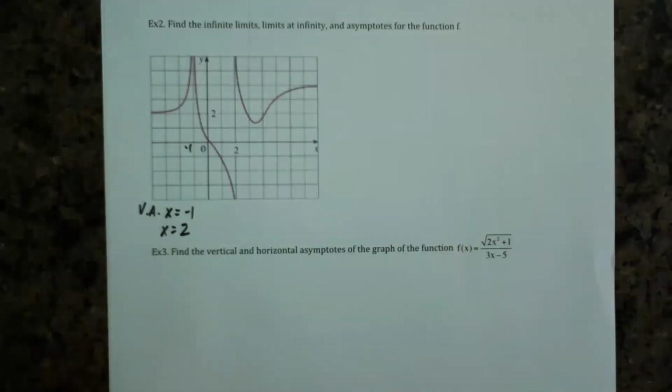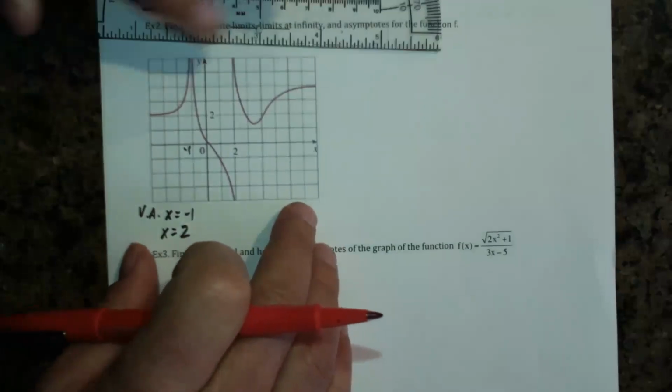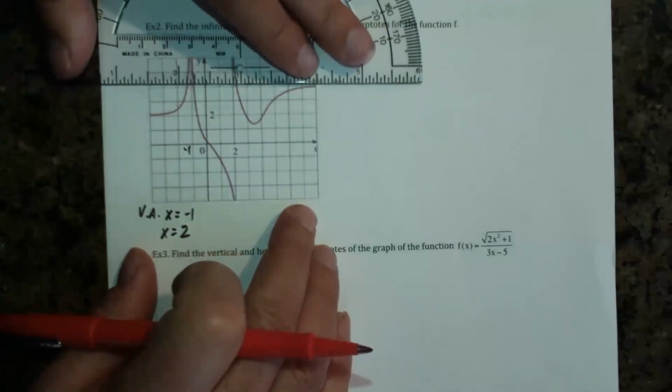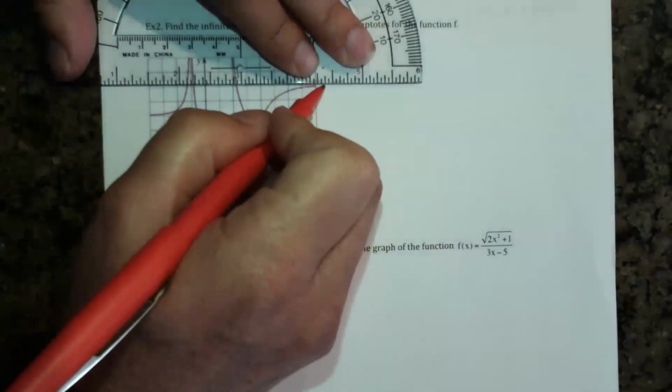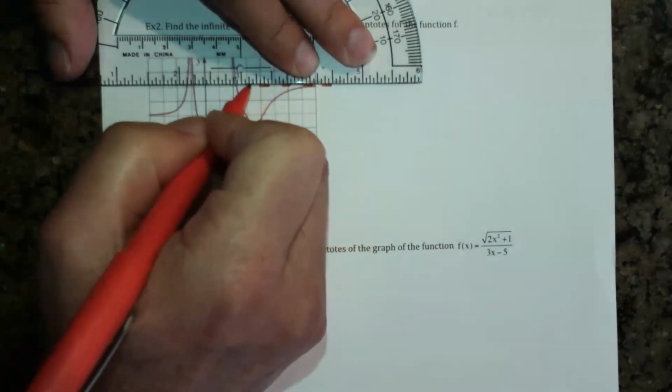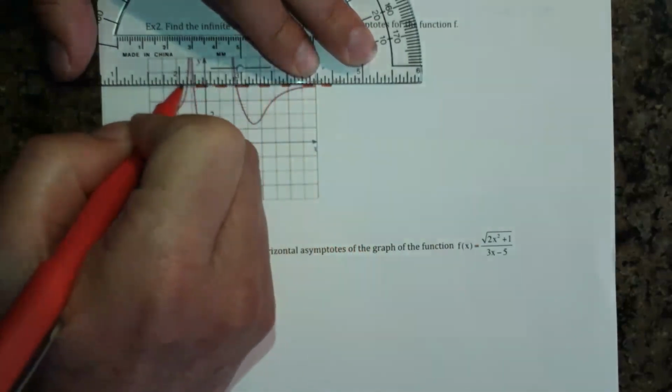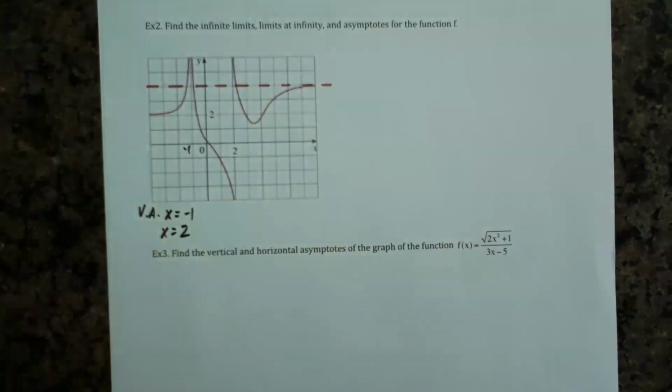Let's talk about horizontal asymptotes now. And I want to draw in the horizontal asymptote as we go off to positive infinity. So we have one there.